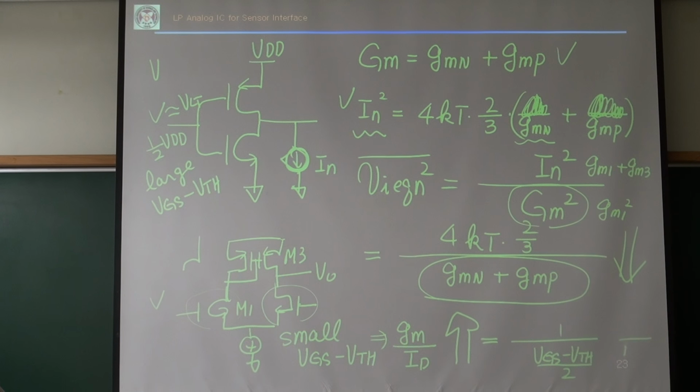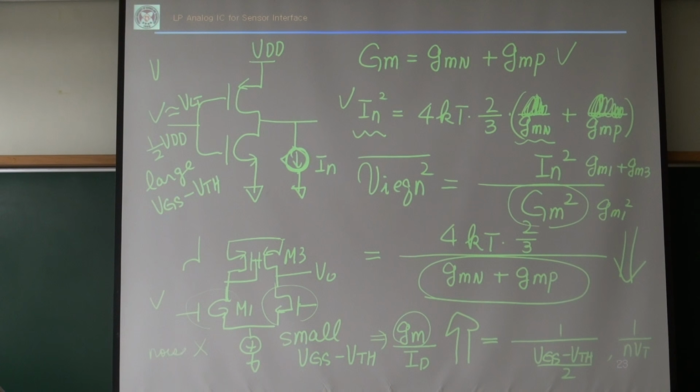In weak inversion, it is constant. But see, this ratio is good, but this GM is not pretty large here. For noise performance, this is no good.